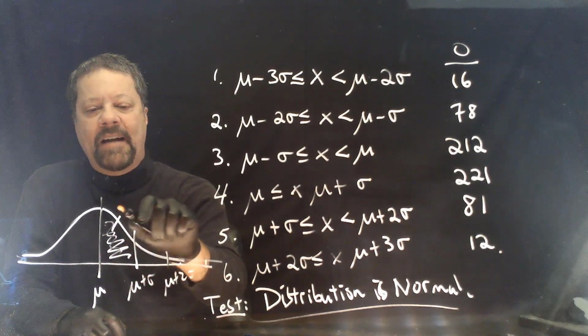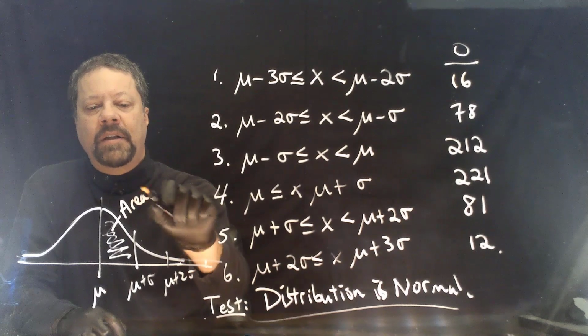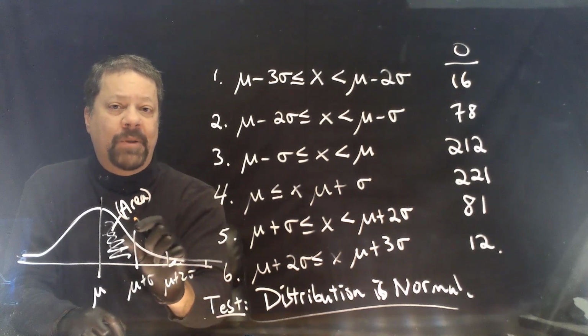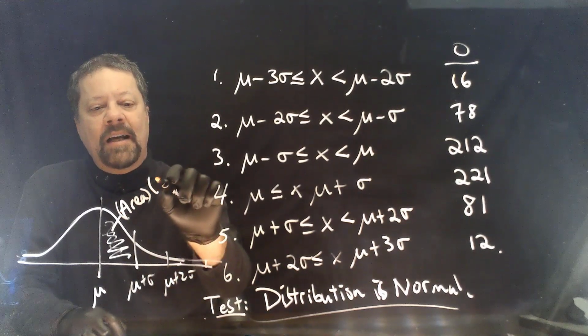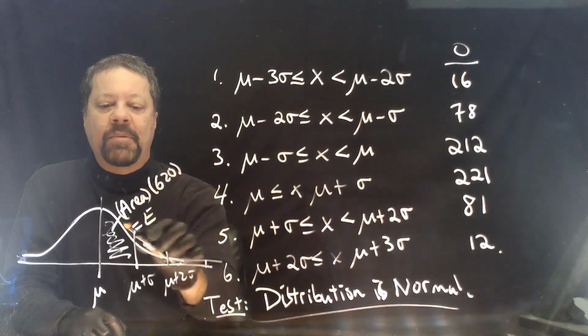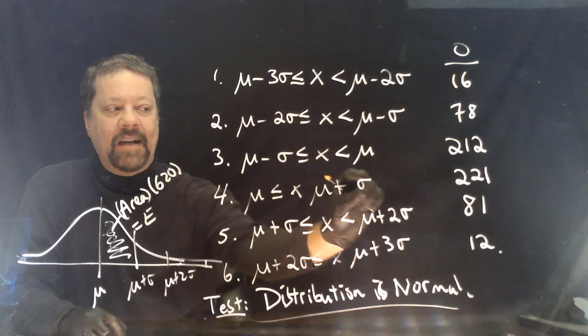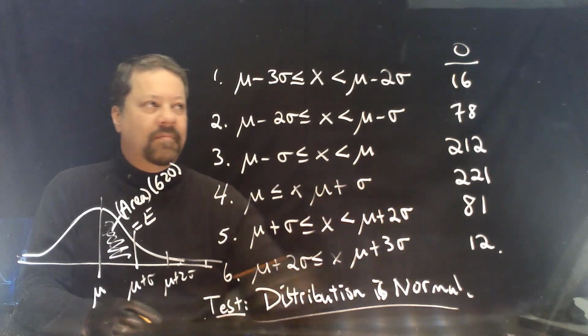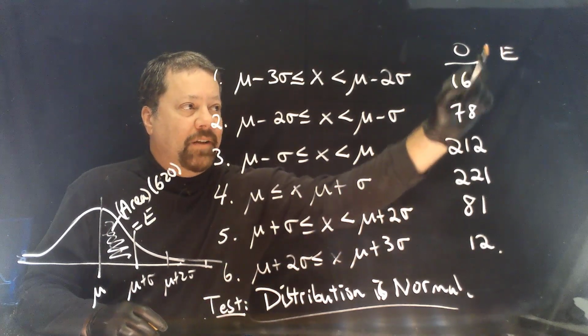We'll multiply that area, which is a fraction between 0 and 1, times 620. And that will give us the expected number of days within that category. I'll put the expected over here.